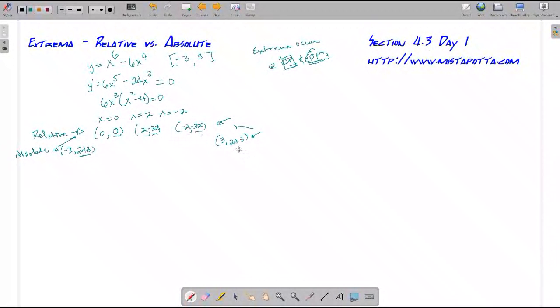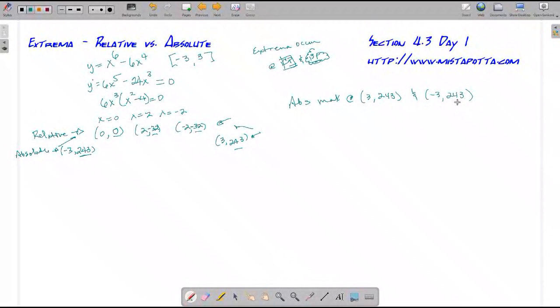Looking at this, I have an absolute max, which occurs at the point 3, 243, and at the point negative 3, 243, because that's the largest y value that I reach.